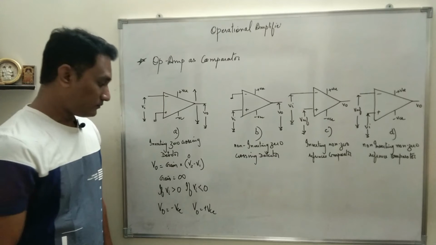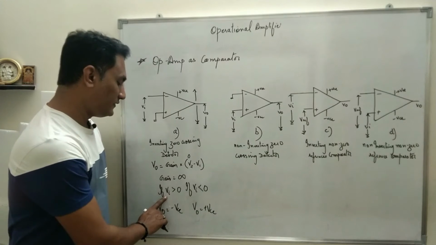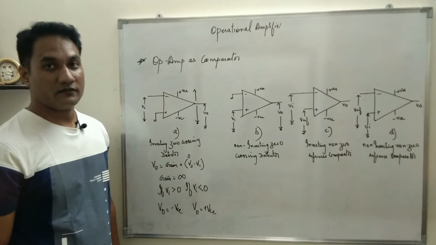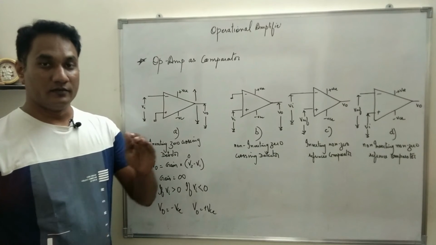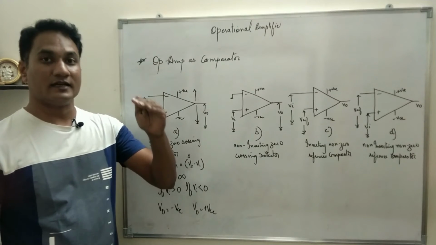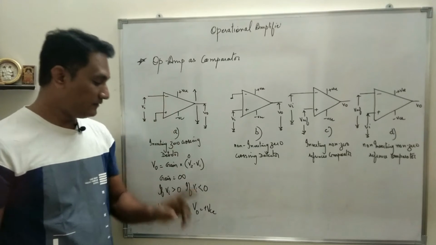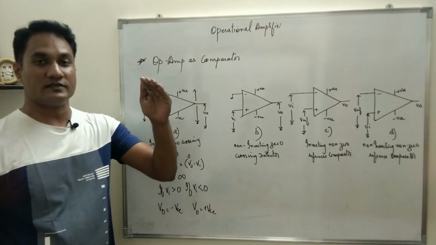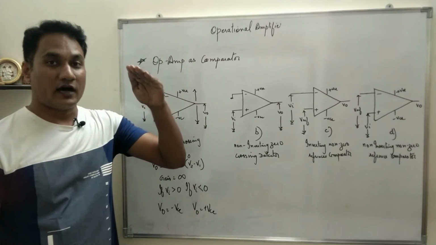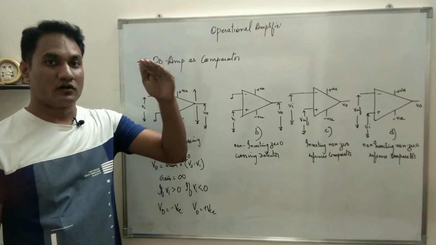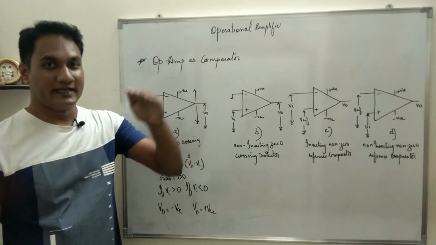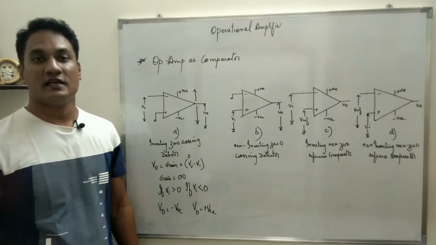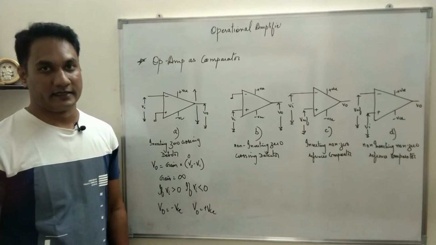Okay, so if the output is minus VCC, we can say the input voltage is still greater than 0 volt. And if the output changes from minus VCC to plus VCC, that means the input has crossed the 0 mark. So that is why it is called a zero crossing detector.